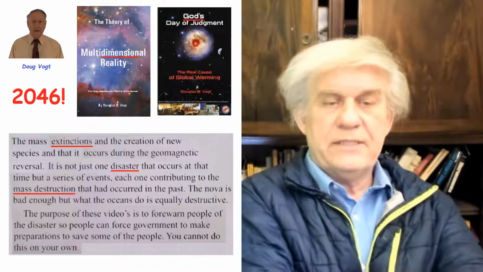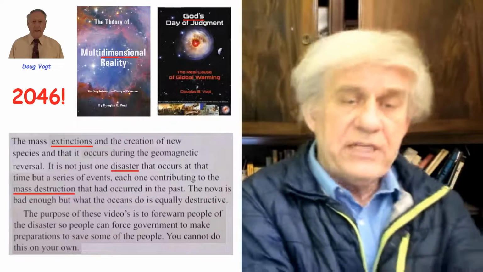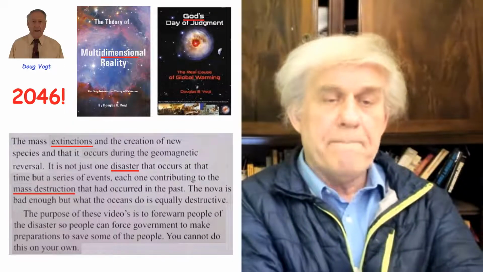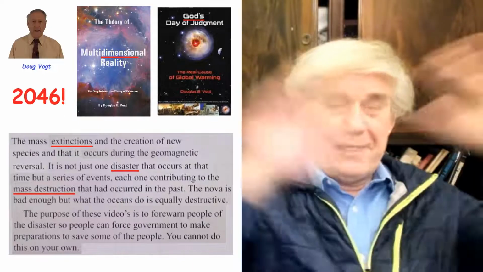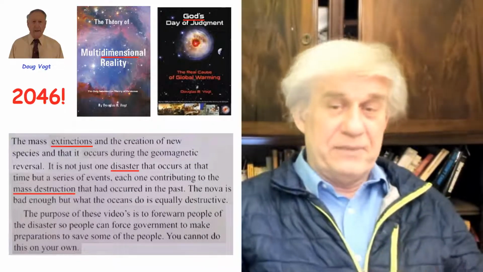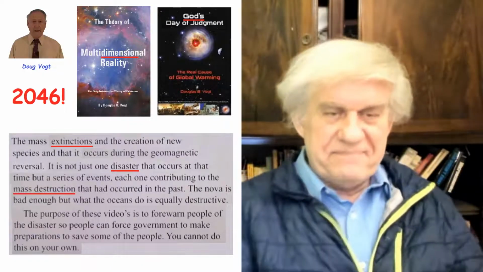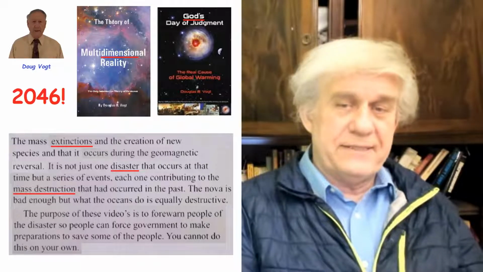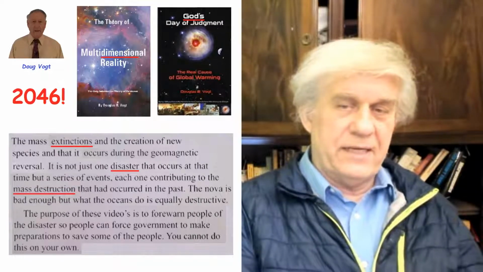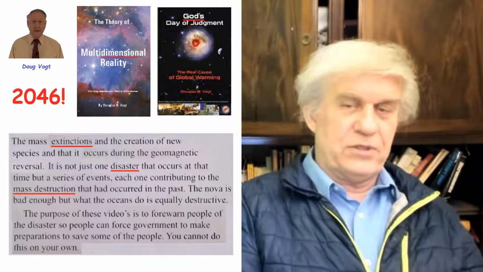Okay, it says one disaster that occurs at that time, but a series of events, each one contributing to the mass destruction, catastrophic accident, mass destruction. You know, stuff for Hollywood, right? It's got to be something that blows you away, right? That occurred in the past. Okay, so his mass destruction, catastrophic accident, that's what causes extinction.